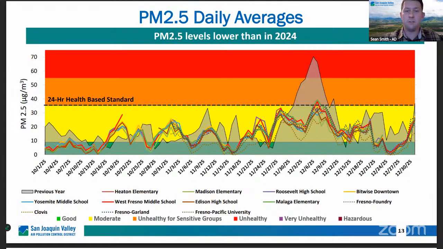And for 2025, in the unhealthy category, we had 0 days. So we had that little blip on the 6th, roughly through the 9th. There were those 3 days that peaked into the unhealthy for sensitive groups, but it never crossed over into the unhealthy category. So I apologize for the miscommunication there. Does that answer your question, ma'am?